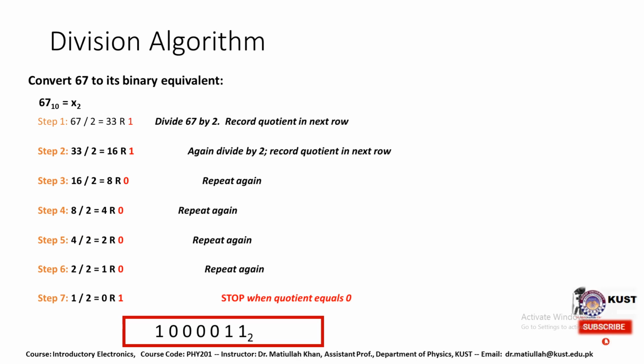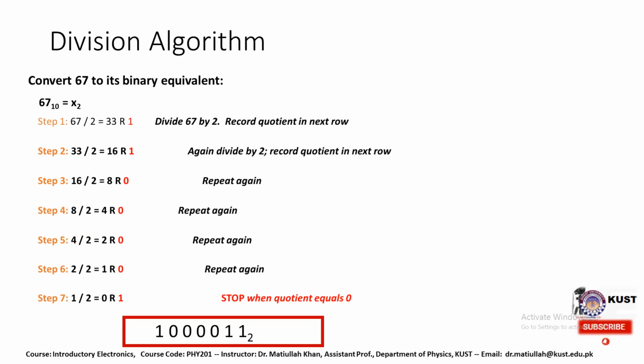So the first step is that we need to divide this 67 by 2. If we divide 67 by 2, it results in 33. 33 times 2 is 66, but there is one remainder. So again we do the next step.